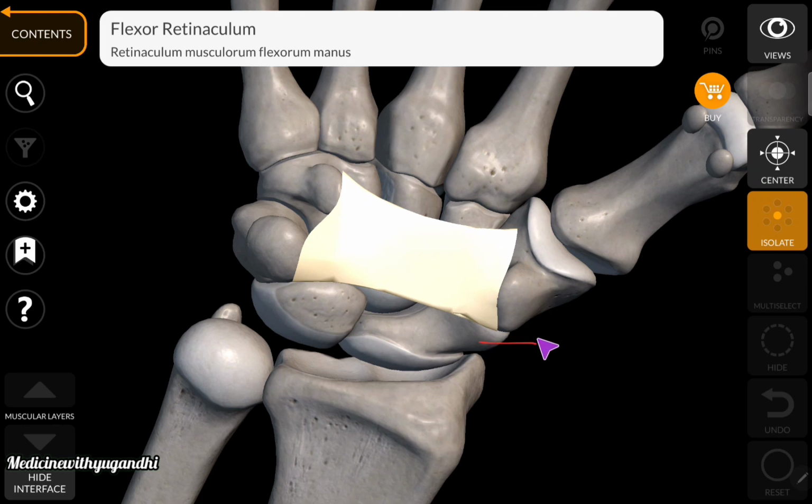What you're seeing here is the scaphoid, and here you can see the lunate, and here is the pisiform bone, and this is the triquetral bone.